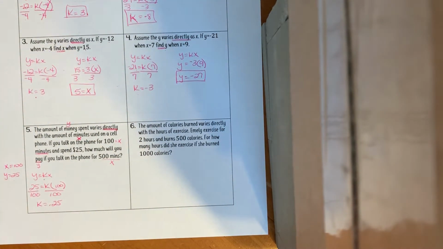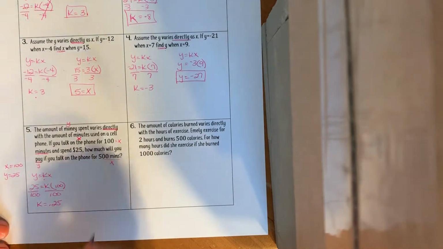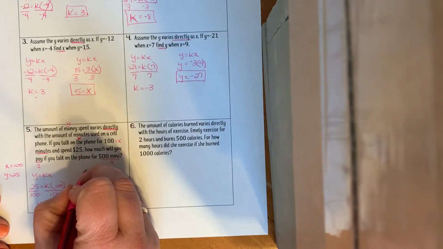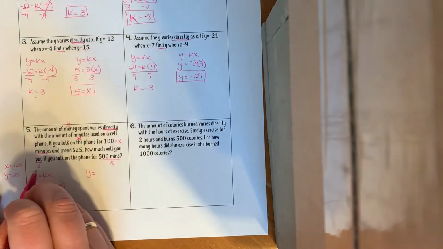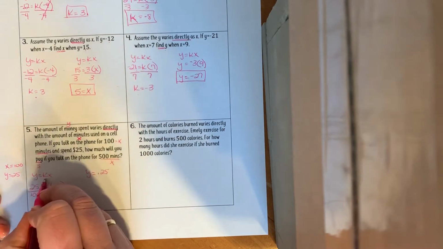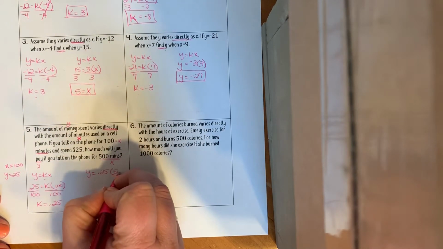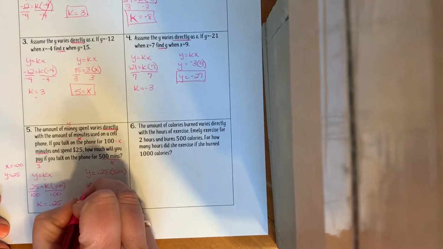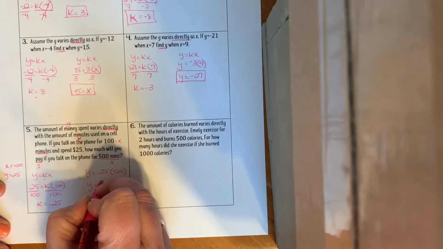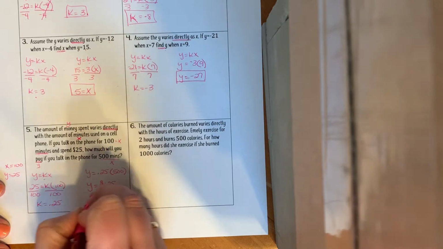So what that means is that we pay 25 cents for each minute used. So trying to figure out how much we're going to pay, we use 500 minutes. We're going to have y, because that's what we're trying to find, equals 0.25, that's our k, times our x, which is 500. Y is going to be 0.25 times 500, which is $125.